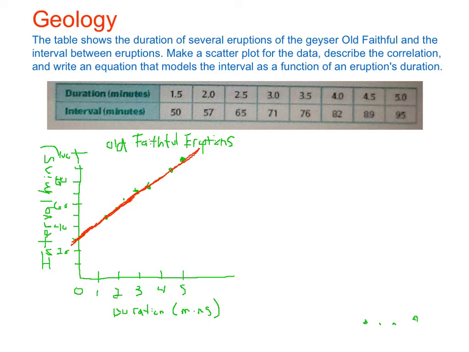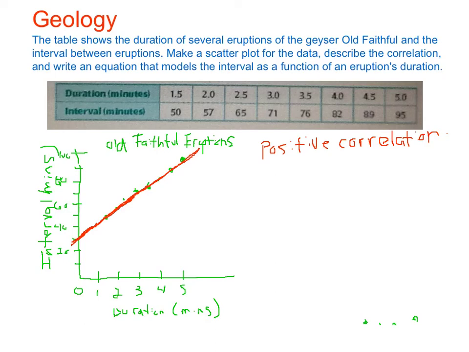Well, we have a positive correlation. And what that means is one thing increases, so does the other. So we could say as the duration gets larger, so does the interval of the eruption. Okay, so we could say something like that.